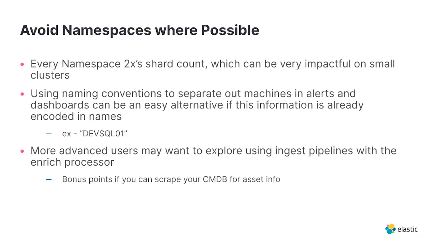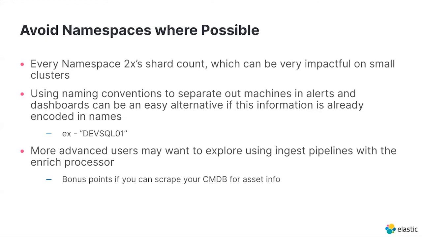So it tells you both that it's a development server and that it's a SQL server. So you can create dashboards that just look for the word dev in a server name. And you can do things like create exclusions in your alerts for not monitoring memory usage on a SQL server because you expect that it's always going to use everything.